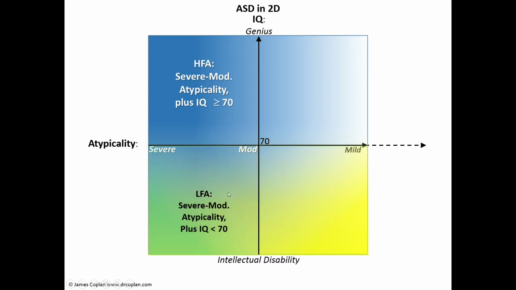So these are individuals, children at the outset, of course, who have moderate to severe atypicality and an IQ below 70. And let me just say that I don't pretend that I can measure IQ in an infant and say that the child's IQ is X. This is a theoretical map, and I would often tell parents, this is the map that we're dealing with.